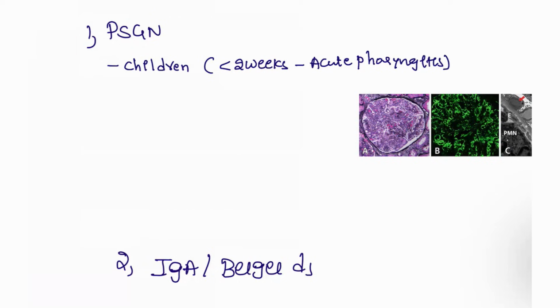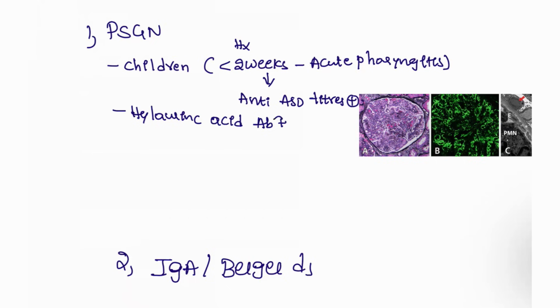Either way, there will be such a history. If you test, anti-ASO titers will be positive. There will be antibodies attacking the glomeruli, so the C3 complement levels will be decreased in this patient.